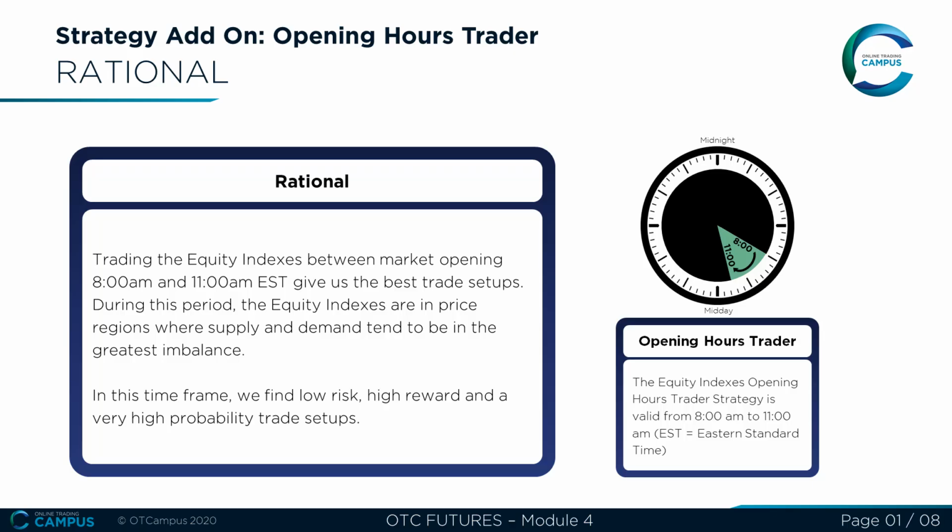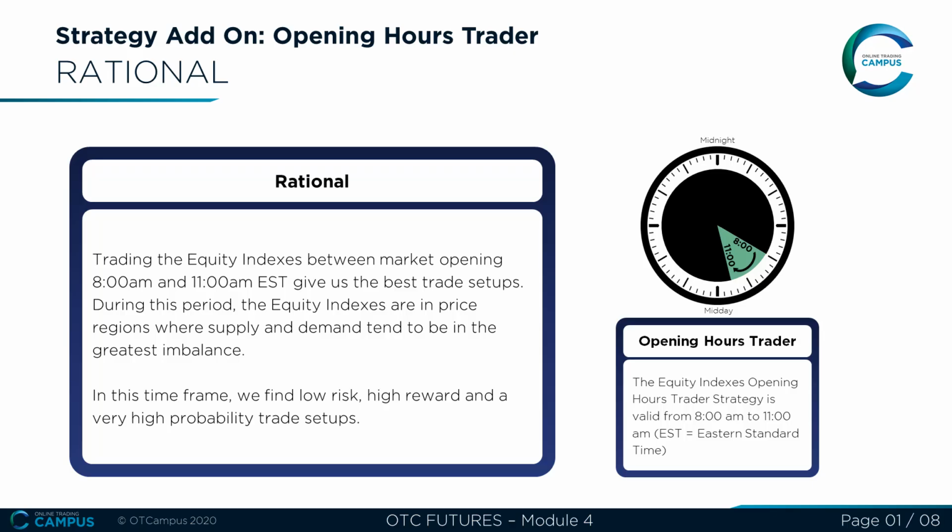Because as daily income traders, you want several things. Number one, you want liquidity. And by trading 8 a.m. to 11 a.m. in the US equity index market, that's going to give you really good liquidity. You also want good profit potential. Think about this for a moment. In order for you as a daily income trader to get good profit potential, how do you get that?